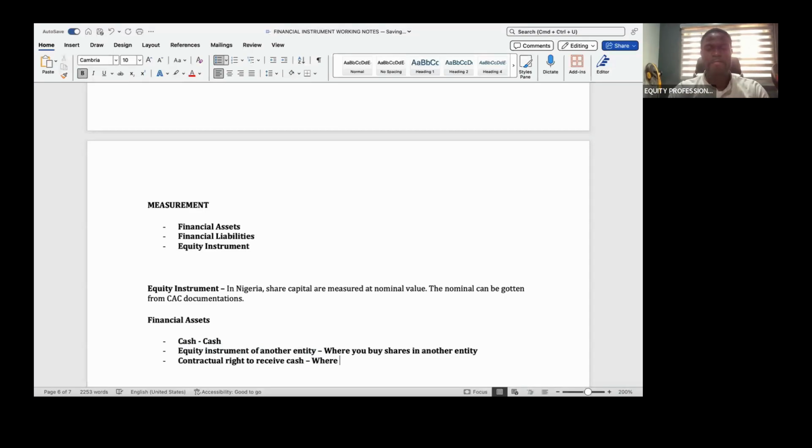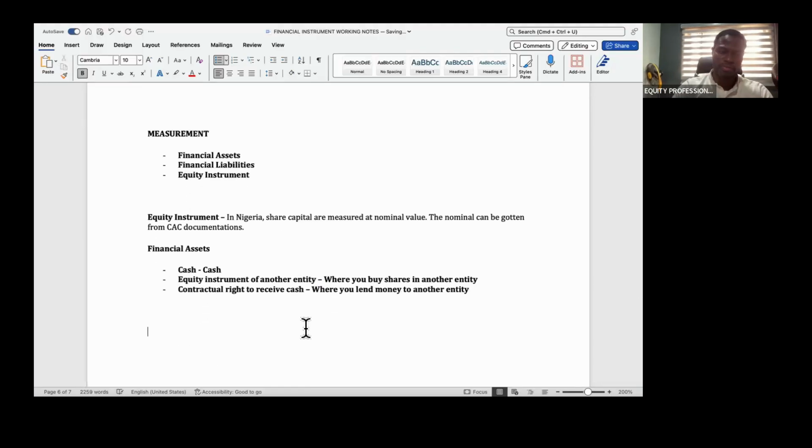This is where you lend money to another entity. How do you measure that? So these are the two that we would carefully address. Let me start with equity instruments of another entity where you buy shares.